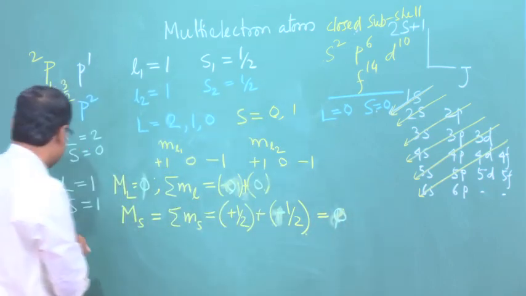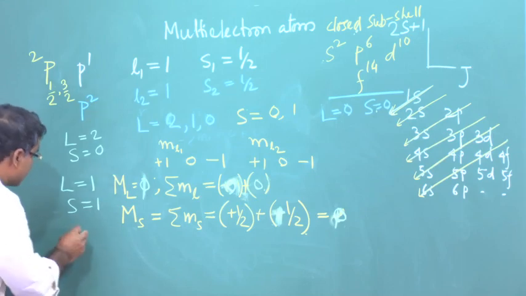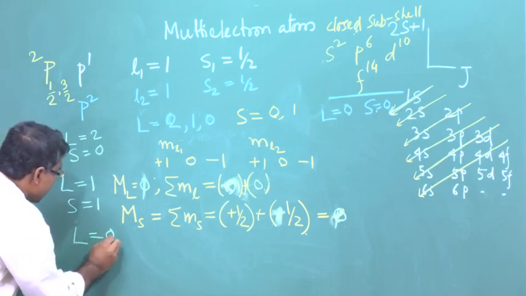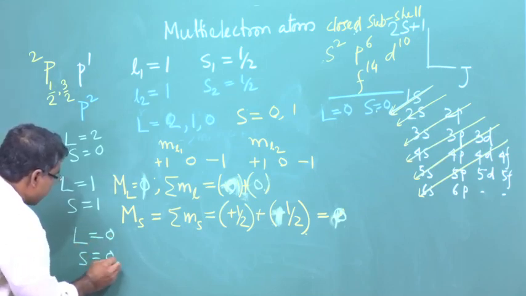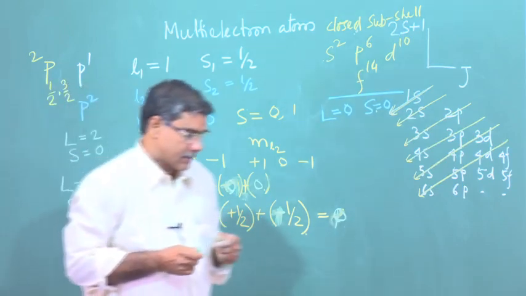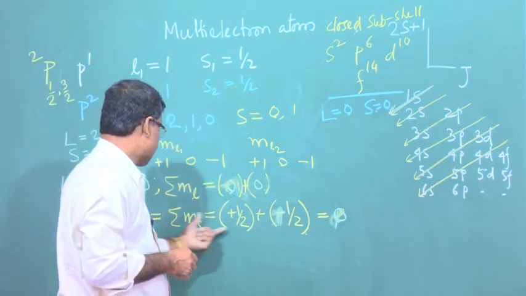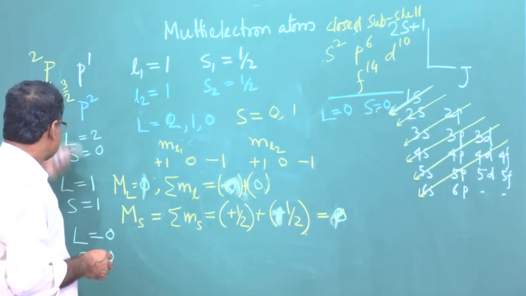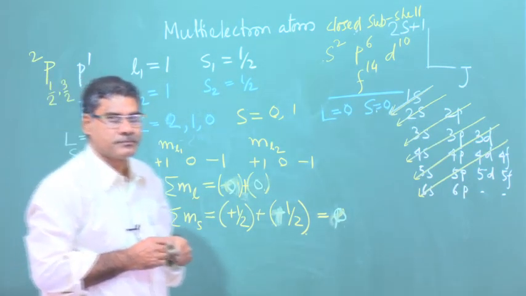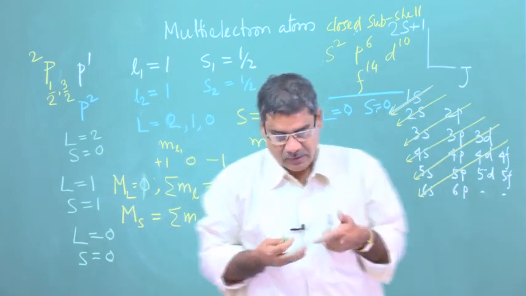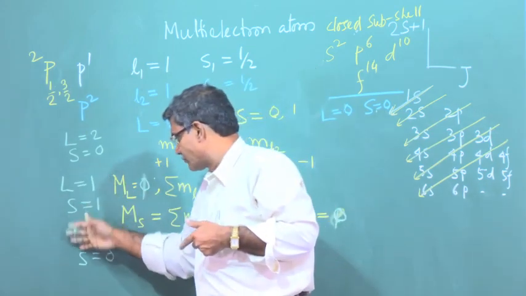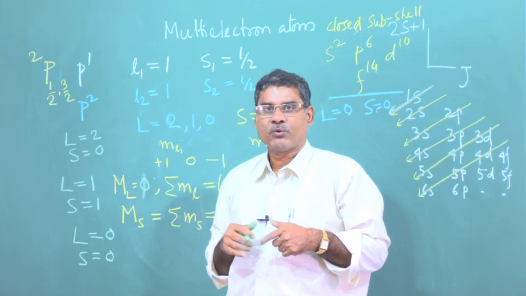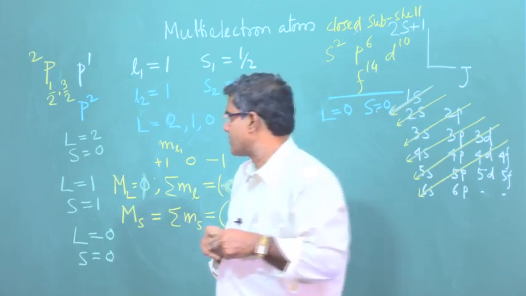So, I will get next one L equal to 0, S has to be 0, okay. So, yes, these are the allowed values which obey the Pauli exclusion principle.